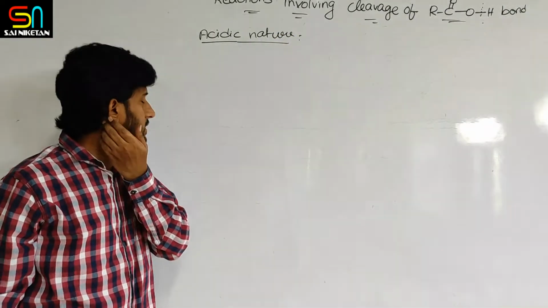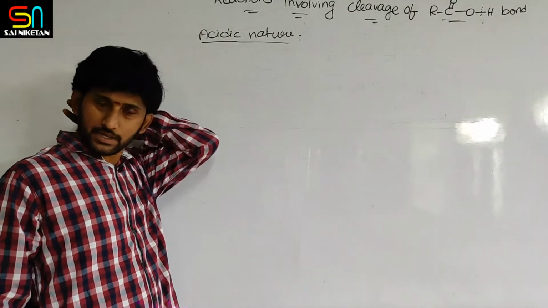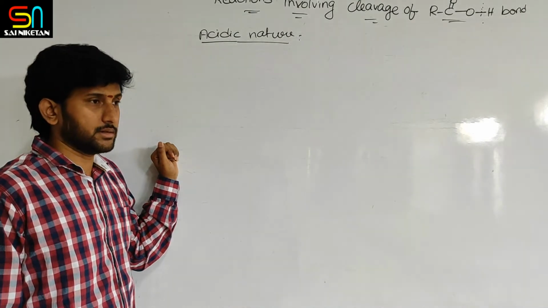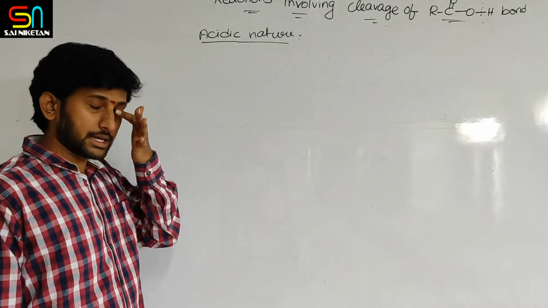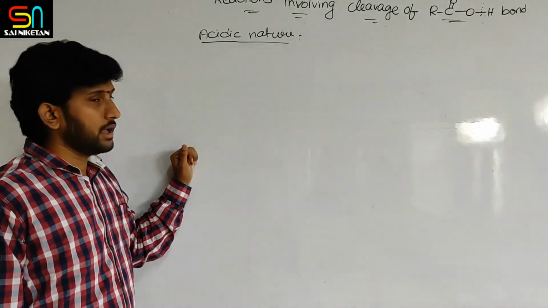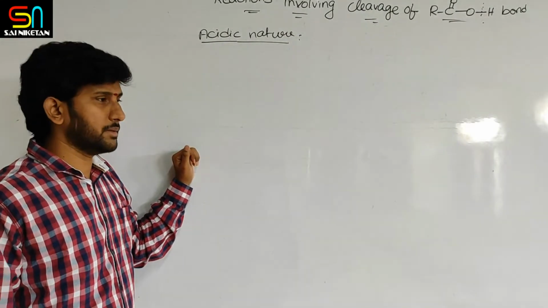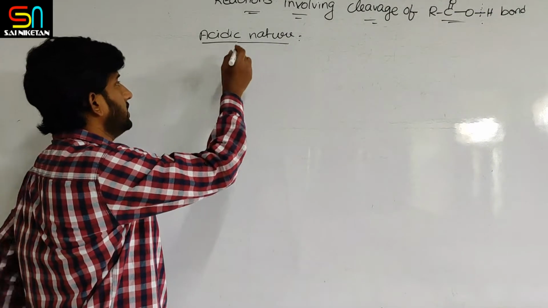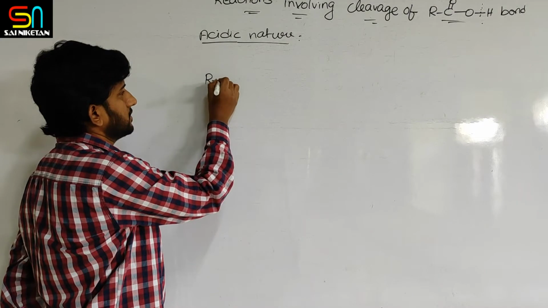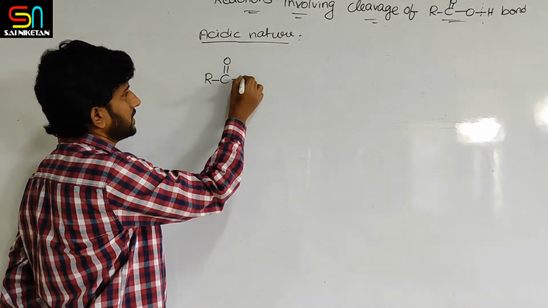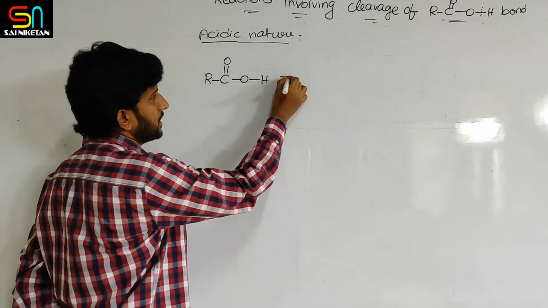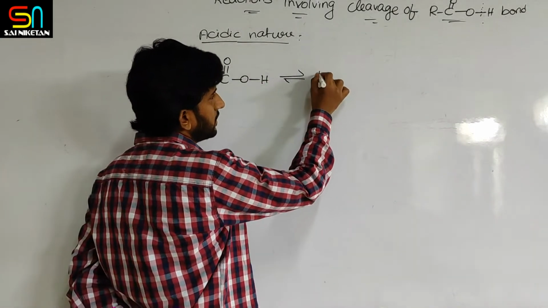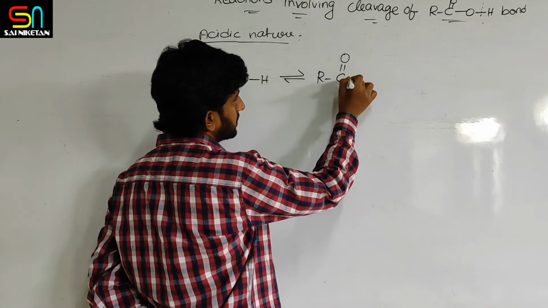Discussing the acidic nature. In the last class we discussed reaction with metals, sodium metal or alkali metals, and also reaction with sodium hydroxide and sodium bisulfite. We have seen that if the carboxylic acid OH bond is cleaved, then you will get carboxylate ion.